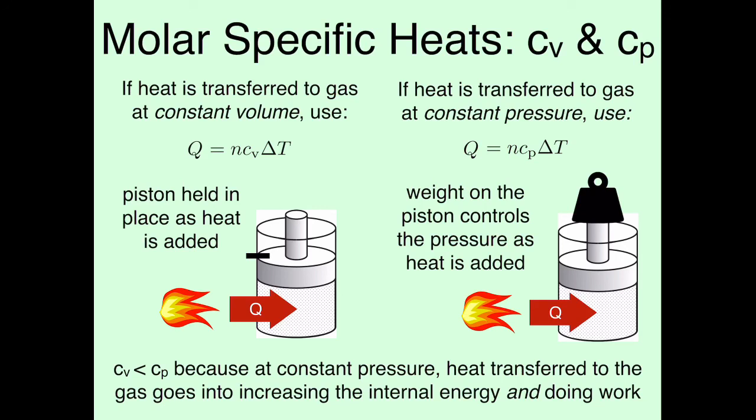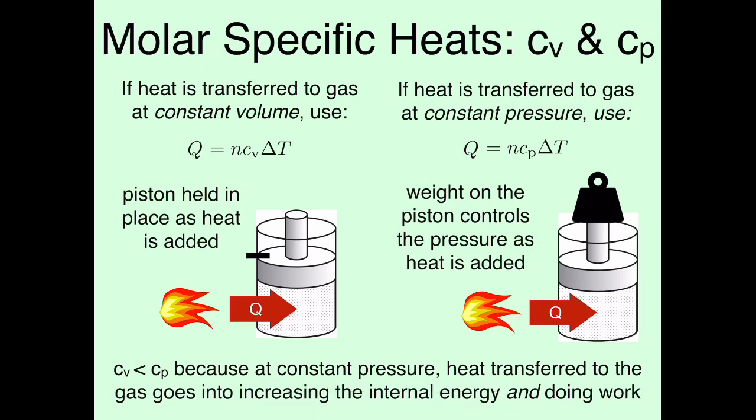Now, C_P is always going to be bigger than C_V, and I want to explain why. When you add heat at constant volume, there's no change in volume and there's no work being done. So all of the heat that you add goes into internal energy, goes to increasing the temperature of the gas. On the other hand, if you add heat at constant pressure, the piston can actually move.